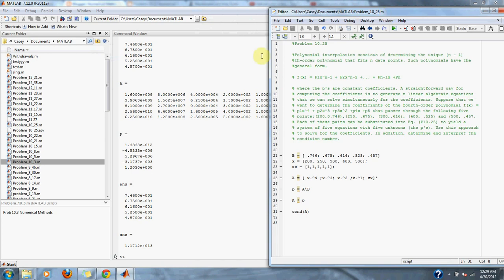As you can see, here are the values given to us for our B matrix, or our B vector. This would be our values of y given to us by the problem. And here is our A matrix.